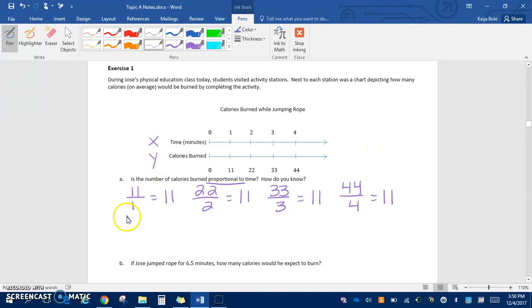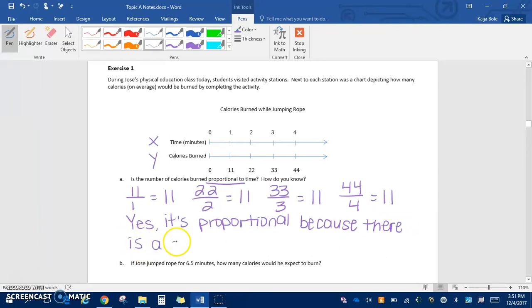So we can say that yes, it's proportional because there is a constant of 11. Then our equation here would be y equals 11x.